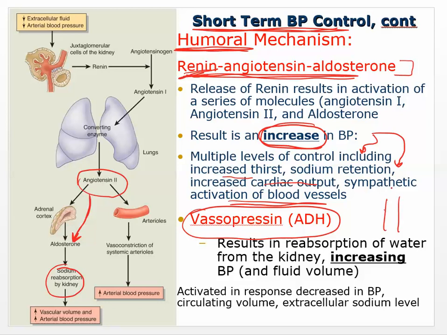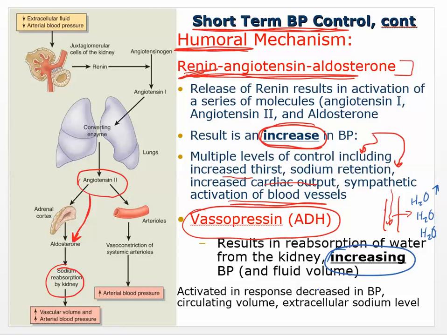Okay, so if something was going to move through and become urine, then when vasopressin is released, it increases these things called aquaporins, and then water will move back into the body. If water is moving back into the body, what's that going to do to blood pressure? It's going to increase it, okay? So both of these mechanisms will lead to an increase in blood pressure.